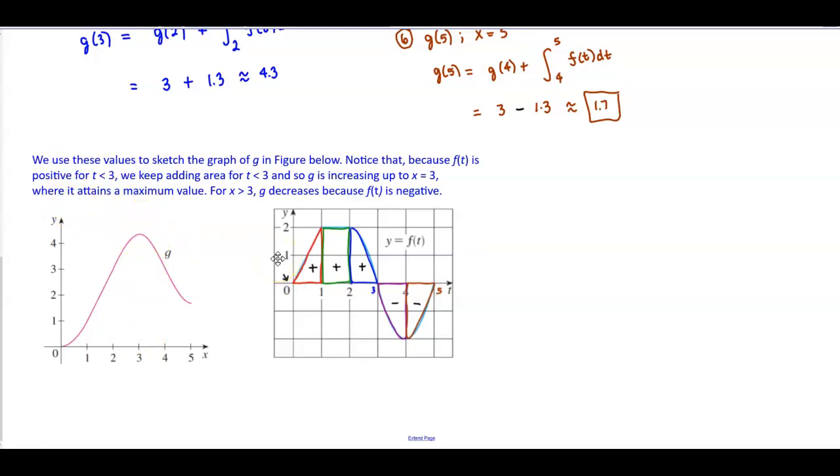Then for x greater than 3, the function g decreases all the way until it gets to 5. And that's what this is telling us when we're sketching this graph.